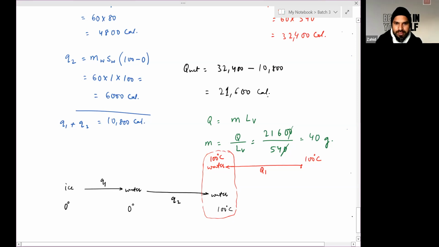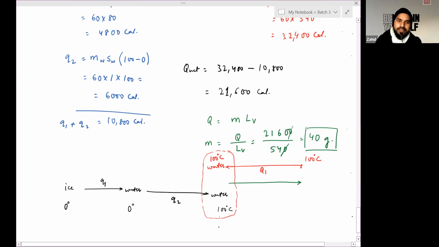21,600 calorie. So we can say some amount of water at this state will try to convert into steam. We have calculated that to be about 40 gram. So this 40 gram of water will convert into steam at 100 degrees Celsius.